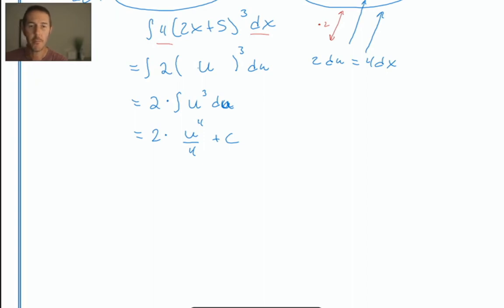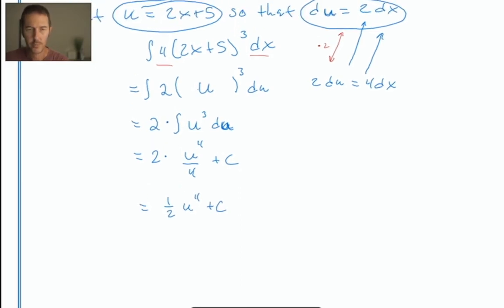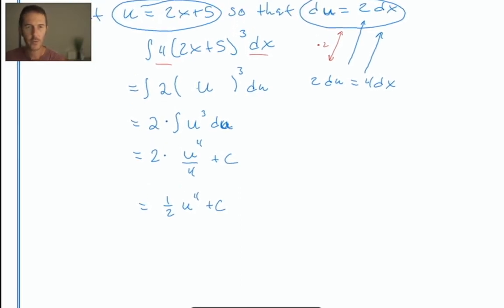Now what we need to do is back substitute. Let's simplify first, actually. Let's write this as 1/2 u to the 4th plus c. Now let's back substitute. Let's replace u with what u equals. And what u equals is, where is it? There it is.